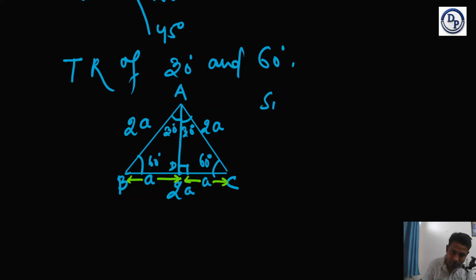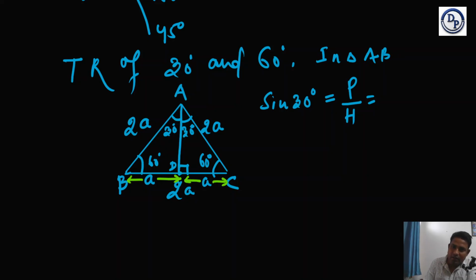First of all, we're going to talk about sin 30 degree. Now we know this is P by H. In triangle ABD, we are talking about this angle.